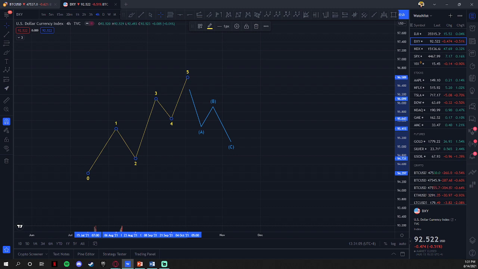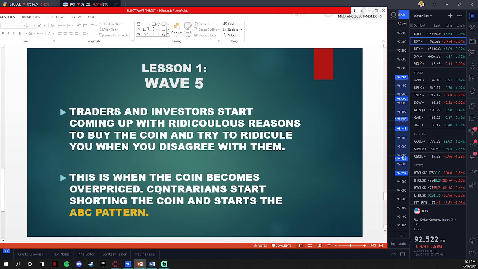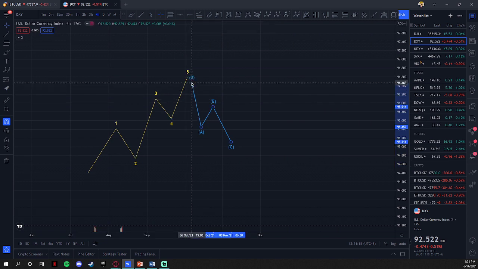So that's when the coin becomes overpriced. So contrarians start to short the coin, starting the corrective pattern, which is the ABC. Okay, so at the top of wave 5, you start getting all these people really pushing this coin in your face, and this is when the coin is overpriced. Okay, when everybody's fearful, that's when you buy.